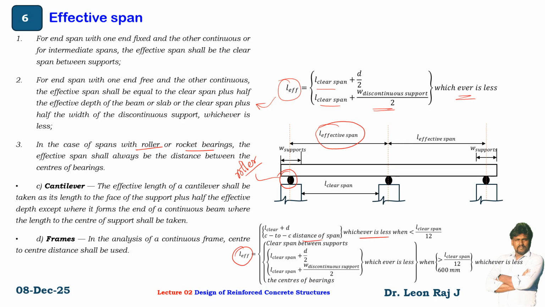Then the clear span between the supports, L clear span plus D by 2, L clear span plus W discontinuous support divided by 2, whichever is less, then the center of bearings.